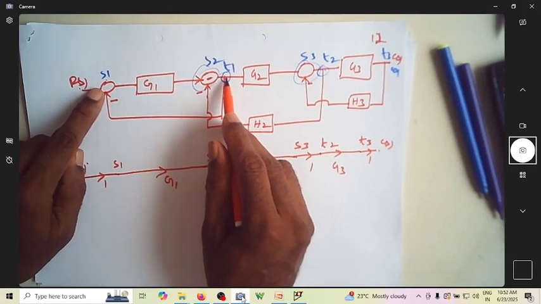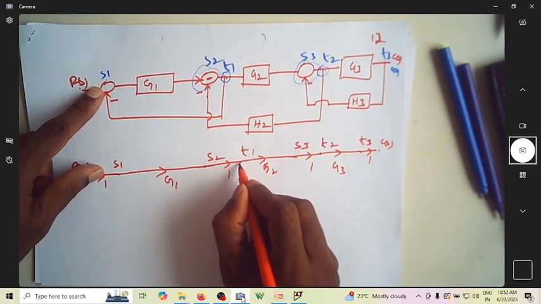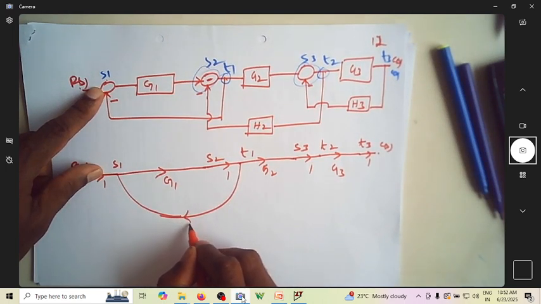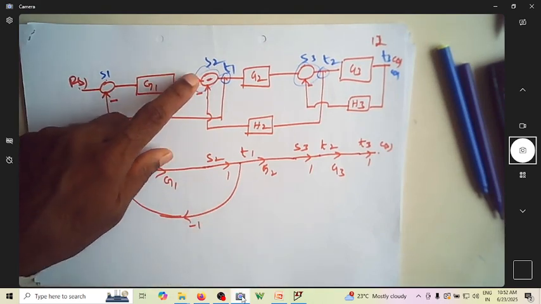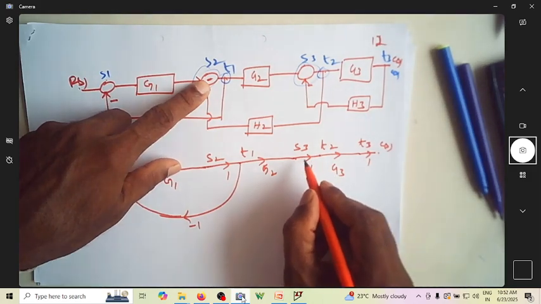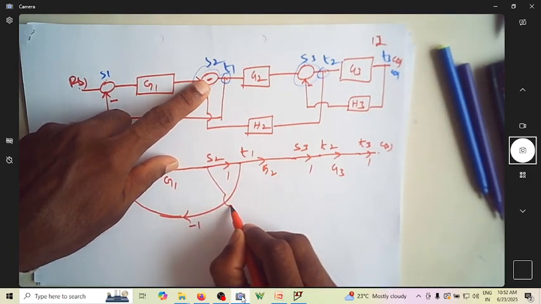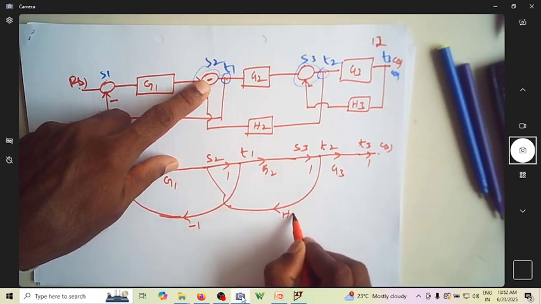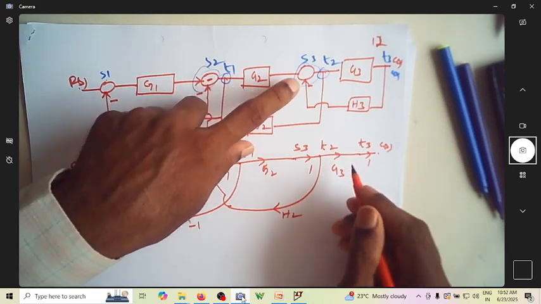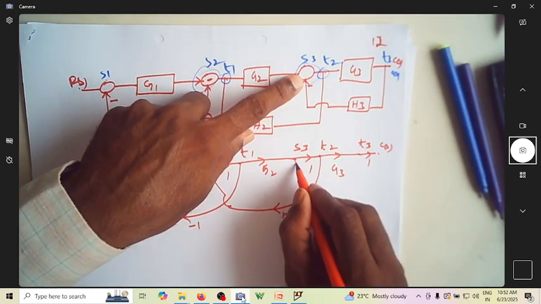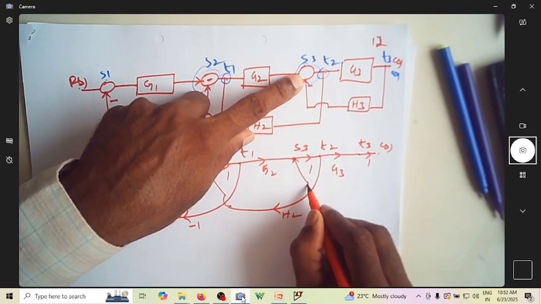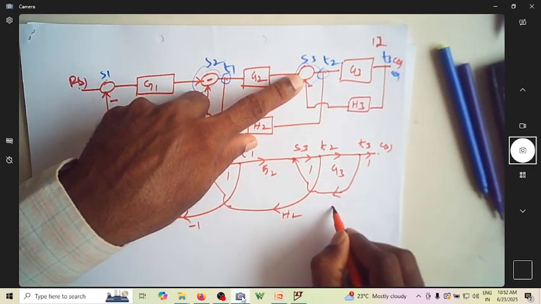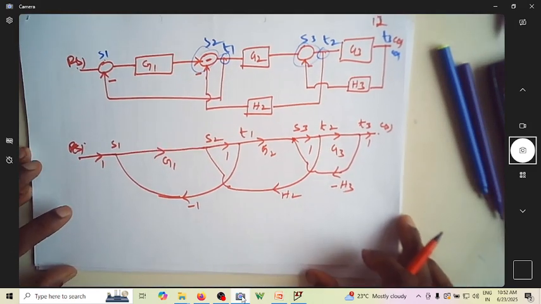And between takeoff 1 and S1 you have minus 1. Between S2 and T2 you have minus H2. And between S3 and T3 you have minus H3.